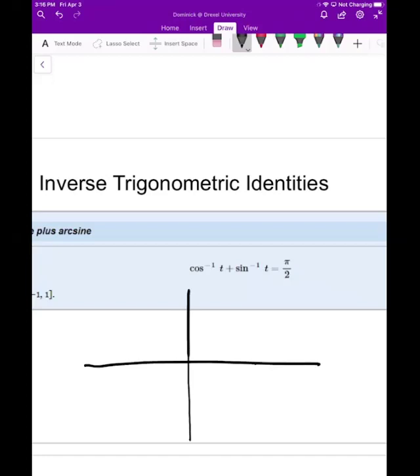right, by looking at the unit circle. And let's say that my t value is somewhere right here, for example. Right, well, if I look at this and bring this triangle out here, let's say I call this theta.